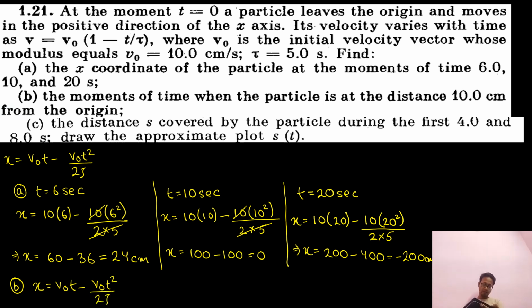So the particle is at 10 centimeter from the origin, so x is equal to 10, or 10 is equal to 10t minus 10 into t square by 2 into 5. So this 10 and this 10 would get cancelled, or 10 is equal to 10t minus t square. I have to solve this quadratic equation to find out the value of t.